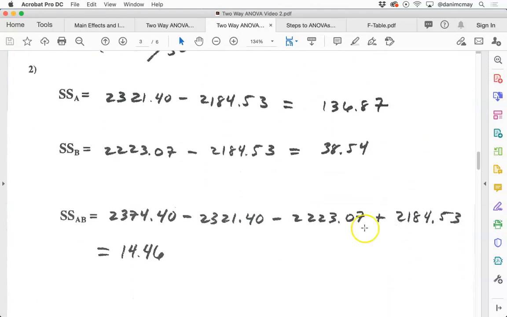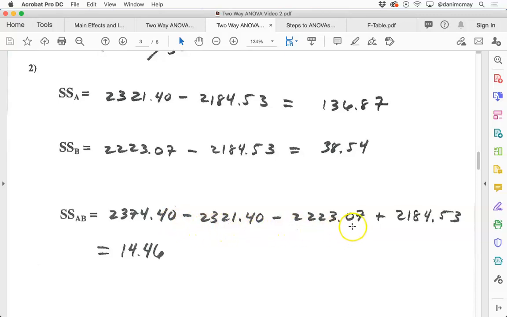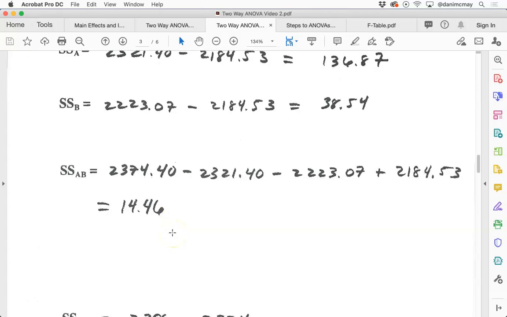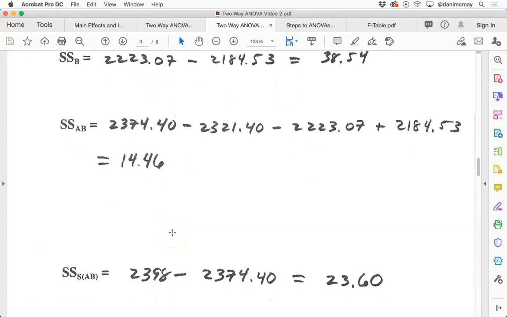And so I've got the 2374.4 minus 2321.40 minus 2223.07, and then we add back in the 2184.53. Notice somewhere around here it's going to go negative, but then it'll come back positive. And then you'll see that our sum of squares AB is 14.46.